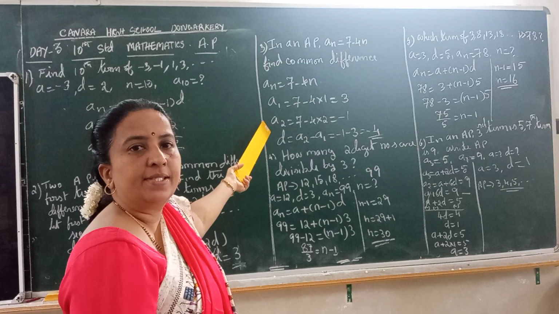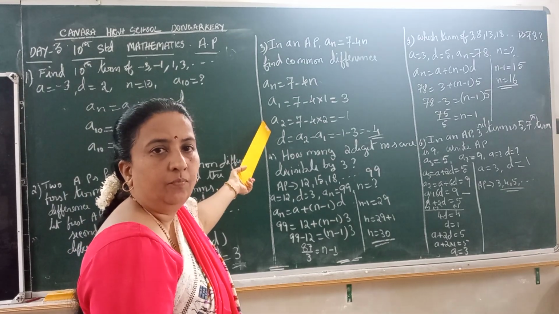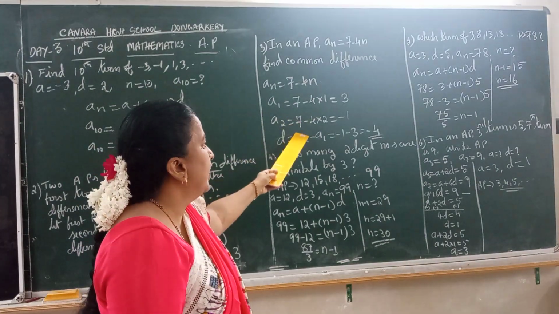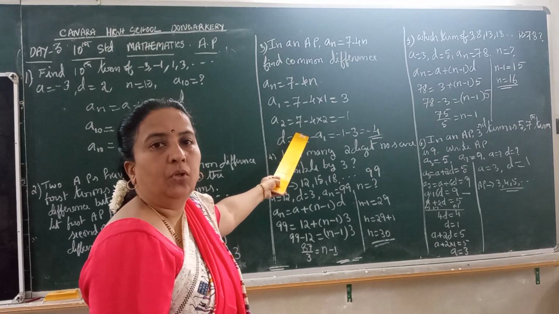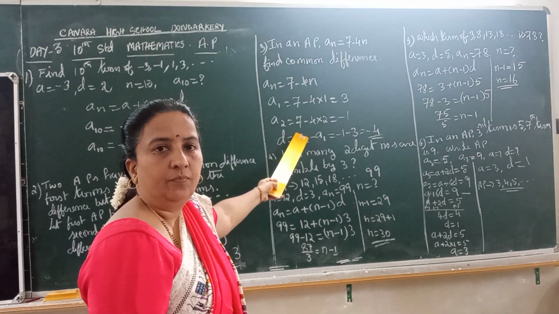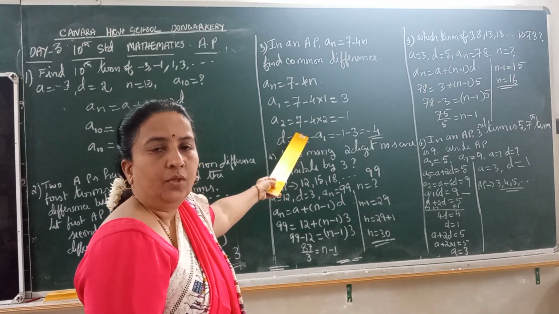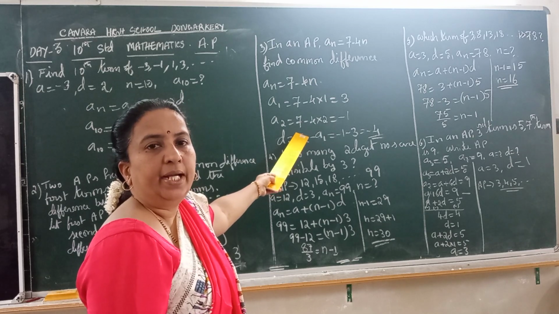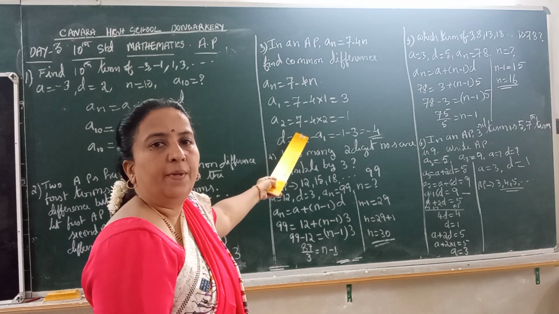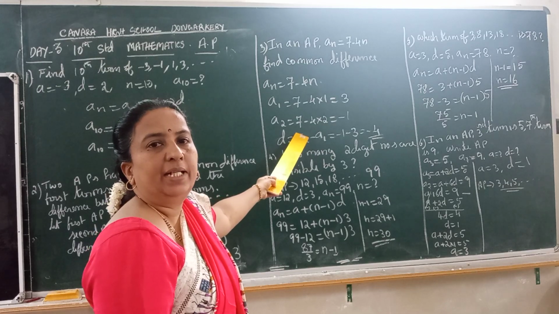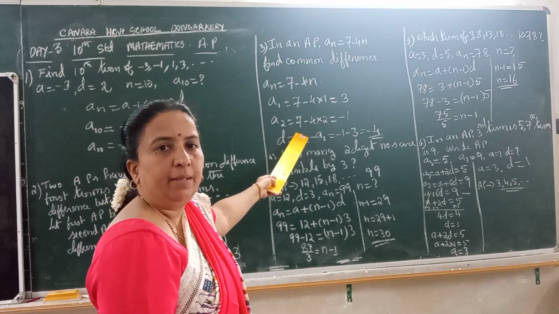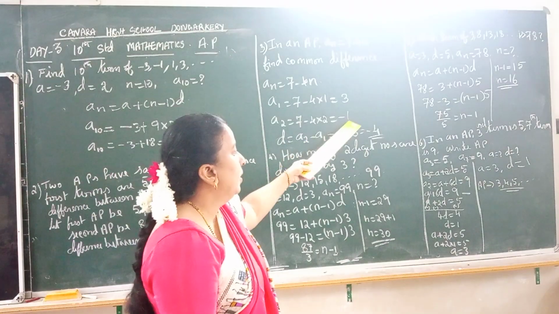The second term is written as a2. 7 minus 4 into 2. 4 2s are 8 with a negative sign. When you have two opposite signs, subtract and give the sign of the bigger number. 8 is the bigger number. Its sign is negative. Therefore, minus 1.